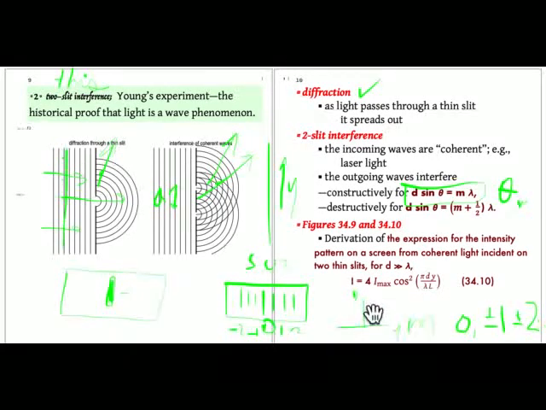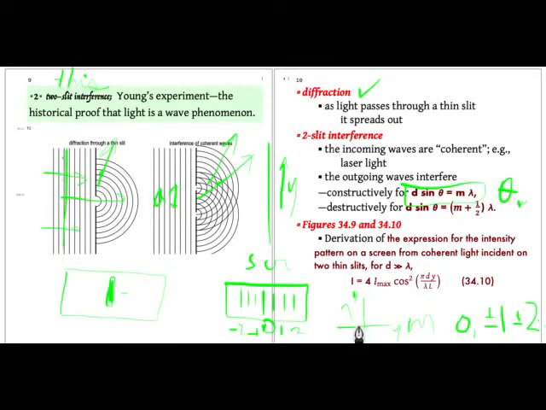So you know what cosine squared looks like. It oscillates between +1 and -1. So you'll have an alternating pattern of bright fringes where cosine squared is equal to 1 and dark fringes where cosine squared is equal to 0. So this is an equation in the book.